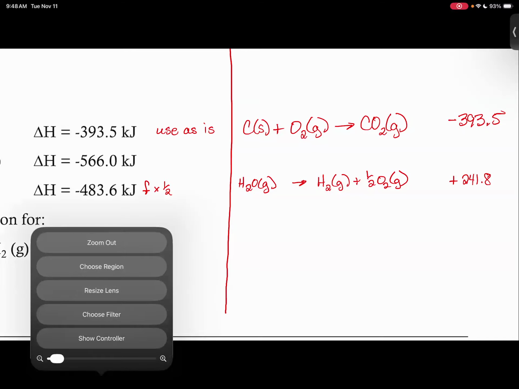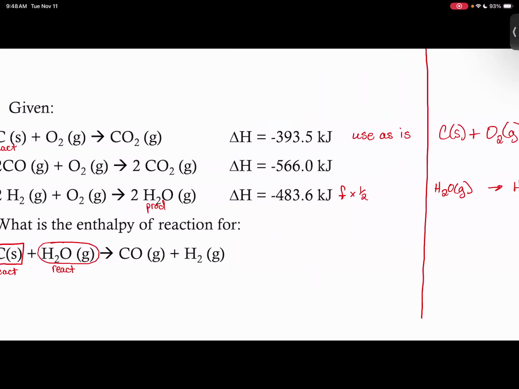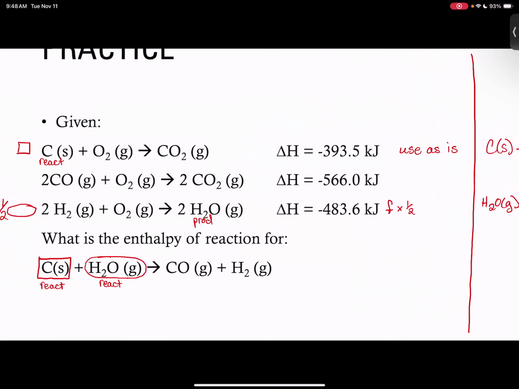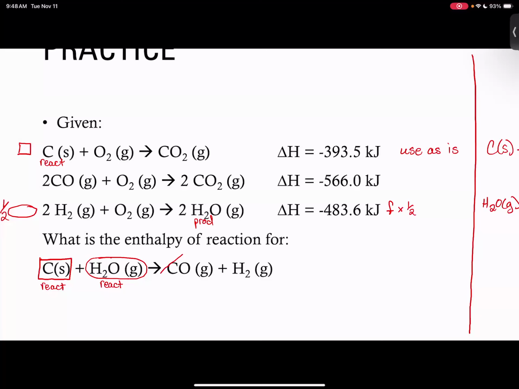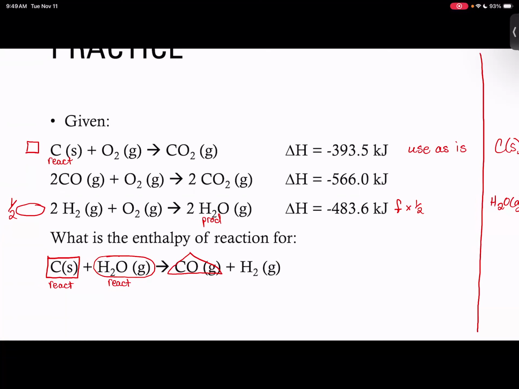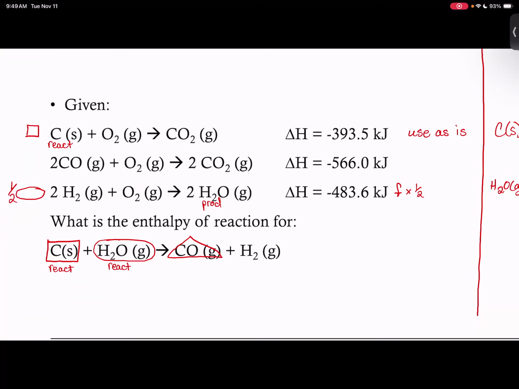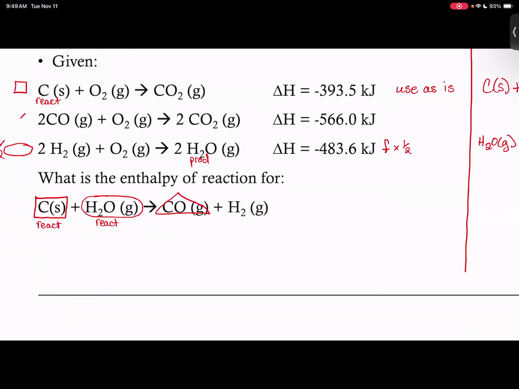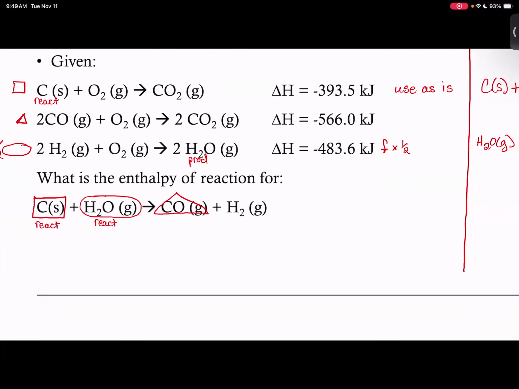Continuing on, the next thing I need is carbon monoxide gas, so I look for something that has carbon monoxide gas, and that is the second equation. I need carbon monoxide gas as a product, but it is currently a reactant.